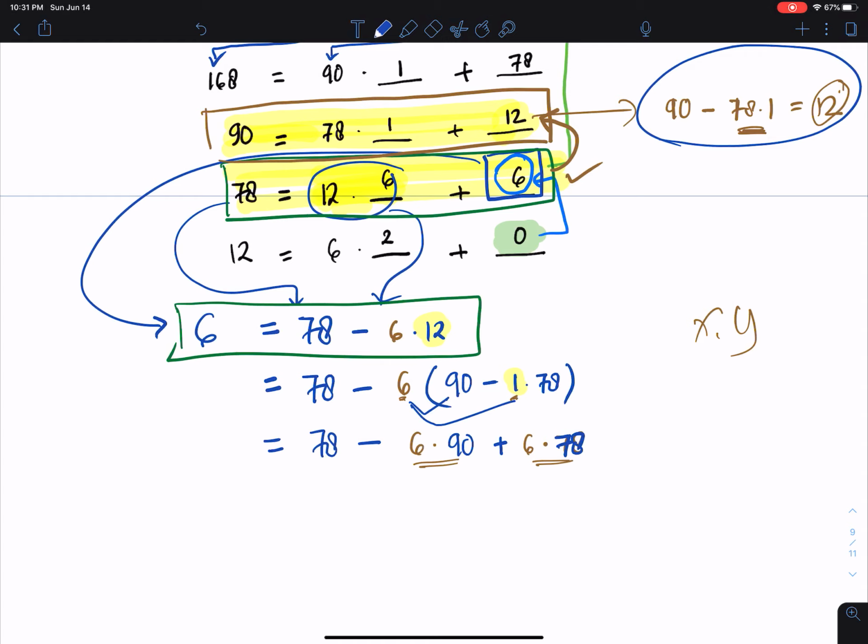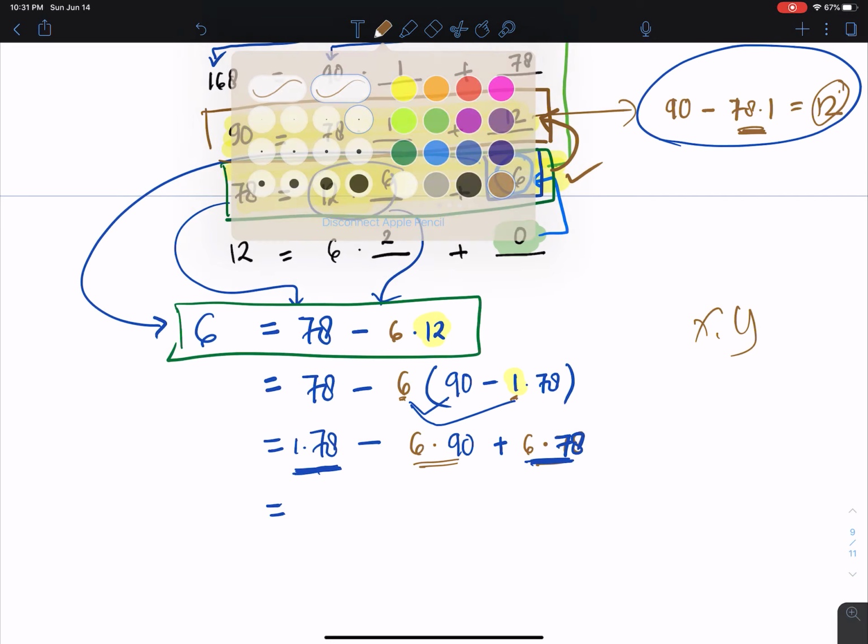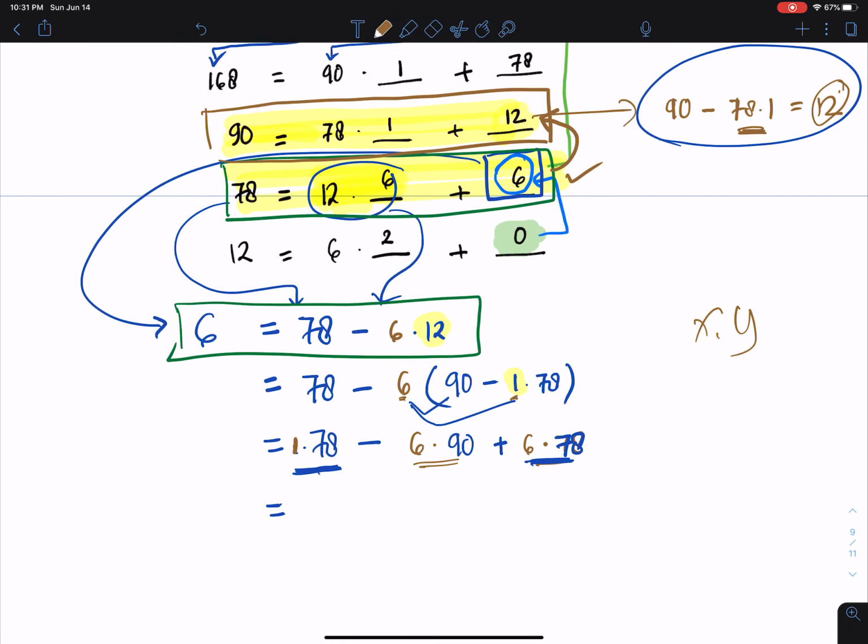Now we solve this one. We have 78 here and we have 678 here. Remember that we always have 1 times here, because 1 is never written, because we know it's always there, because 1 times 78 is just the same as 78. But that's not my point. My point here is we have 178 plus 678. So what do we get now?